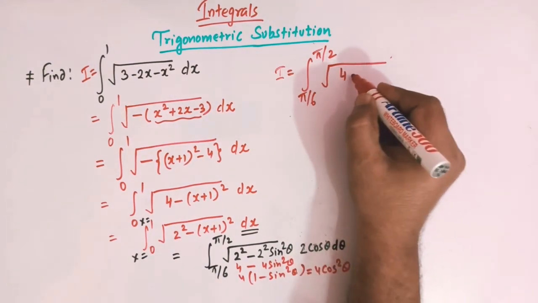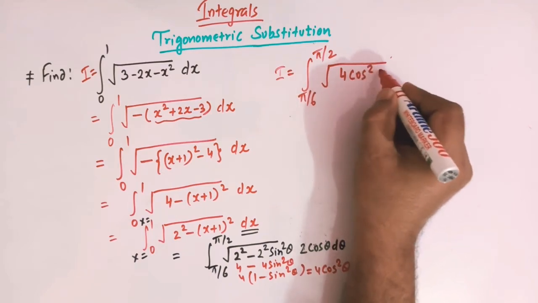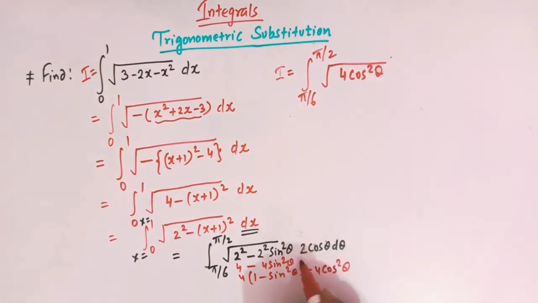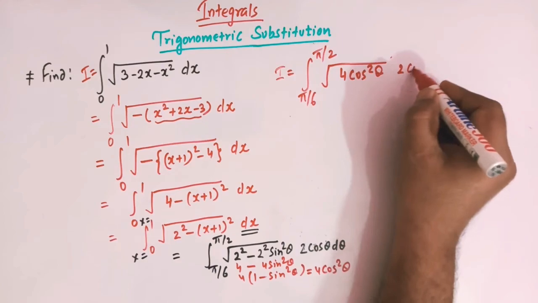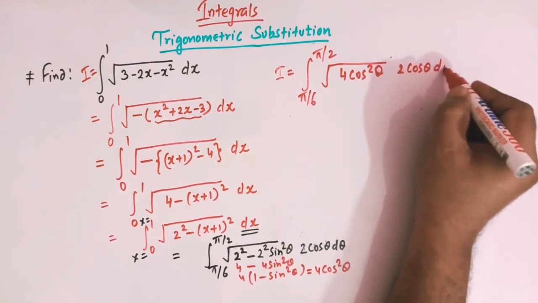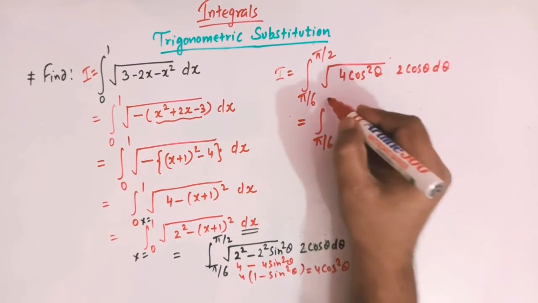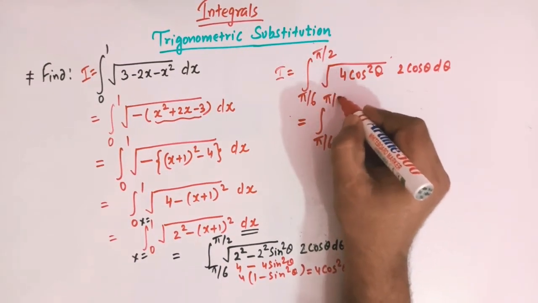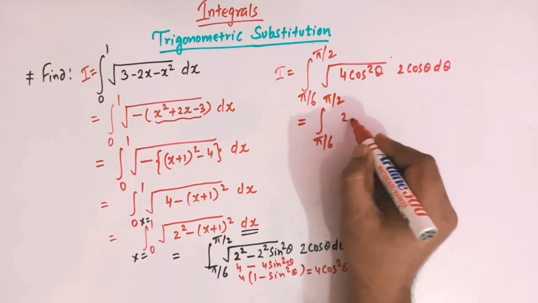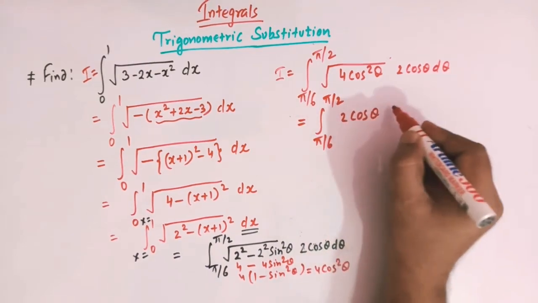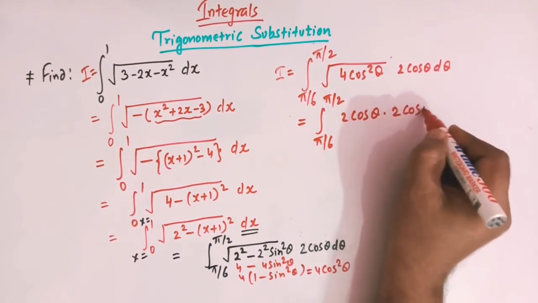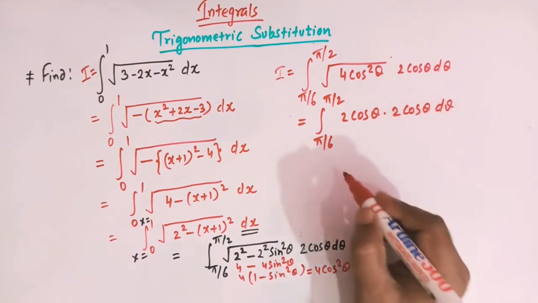So here we have 4 times cos square theta, and here we have 2 cos theta d theta, right? Okay, so now we can simplify it further. So we have pi by 6 to pi by 2, and here we have simply 2 cos theta, and this is 2 cos theta d theta, right?